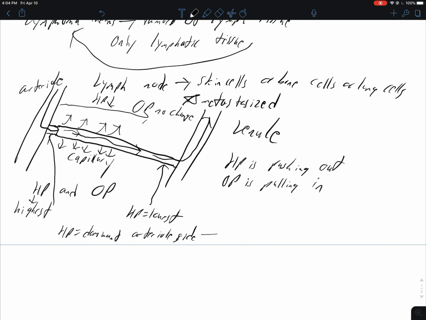But then as it goes across, at some point, HP gets less than osmotic pressure. That's not caused by osmotic pressure changing, that's just caused by hydrostatic pressure dropping.